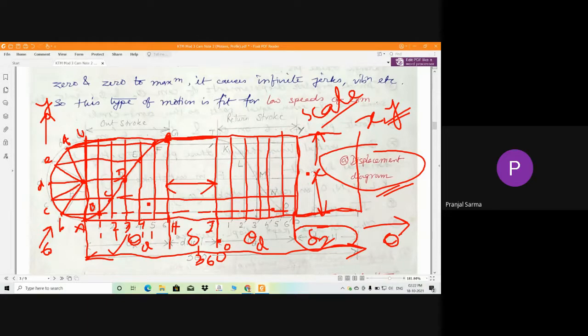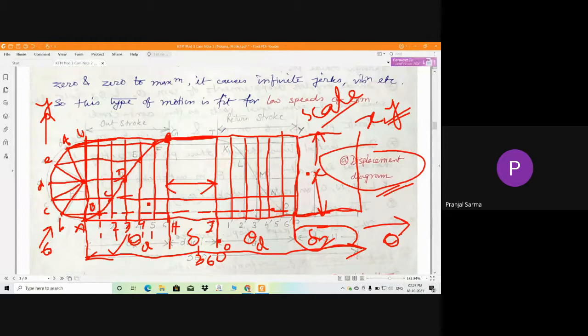Now the dwell ends. At the end of the dwell, which stroke starts? The return stroke, or the descent stroke, starts.